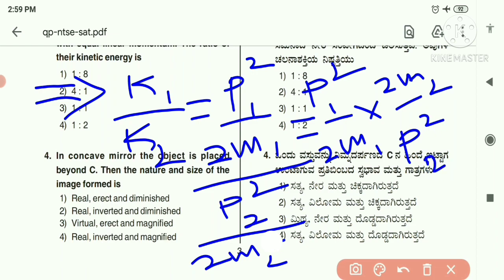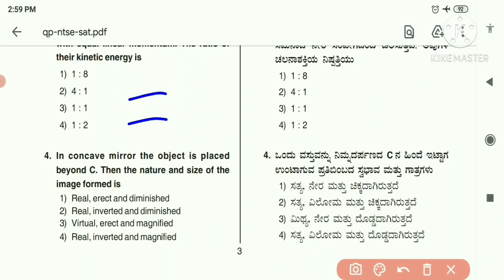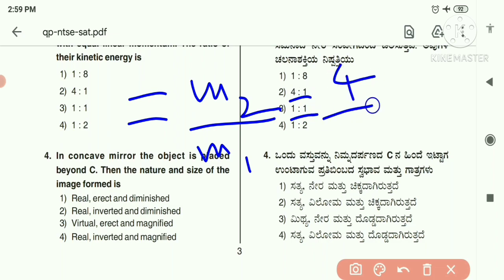Now this one and this one cancel because P1 equals P2 is P. So the 2 cancels. Now it remains m2 divided by m1. So put the values, m2 is 4 and m1 is 1.